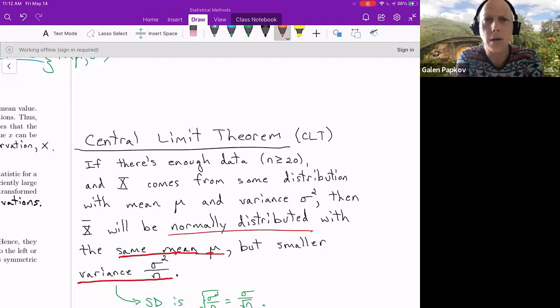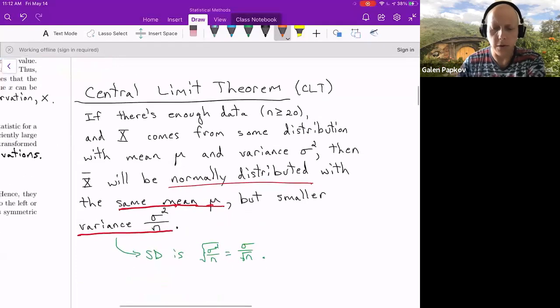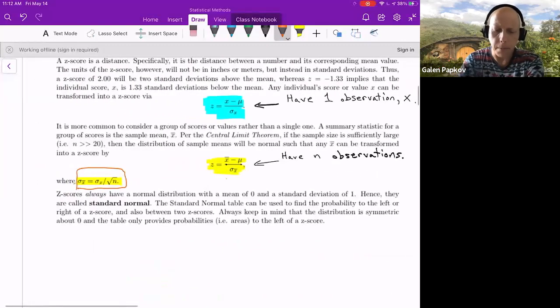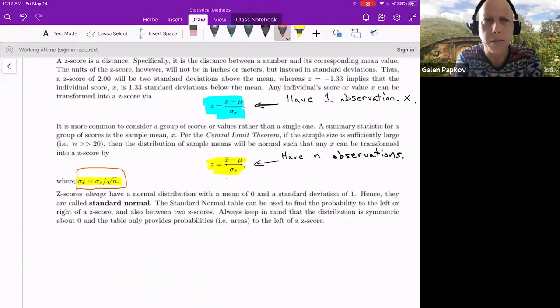That means that X bar is going to be bell-shaped. Knowing that the variance of X bar is going to be sigma squared over n, that means that the standard deviation is going to be the square root of that, or sigma over root n. And that's where that boxed out orange concept came from. All right, so let's start figuring out how to apply these concepts.